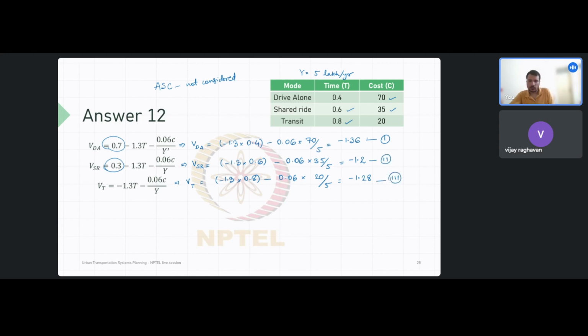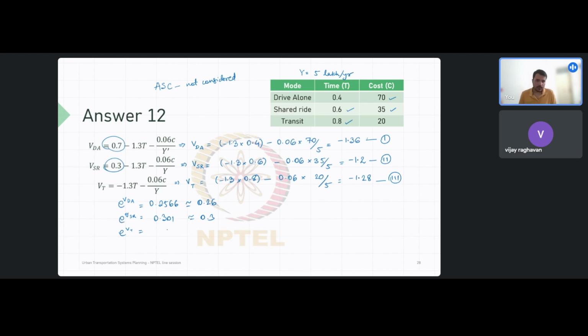Let's find the exponents now. So e power VDA, e power VSR, e power VT. We get 0.2566. You can round it off to 0.26. Then 0.301, and round it to 0.3.